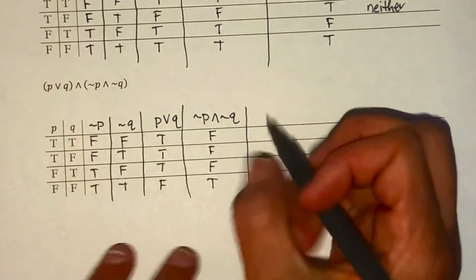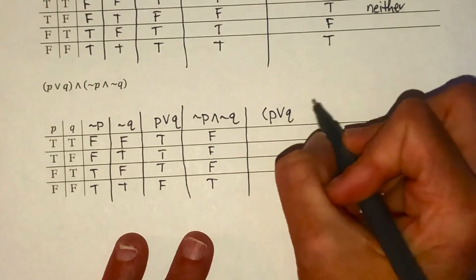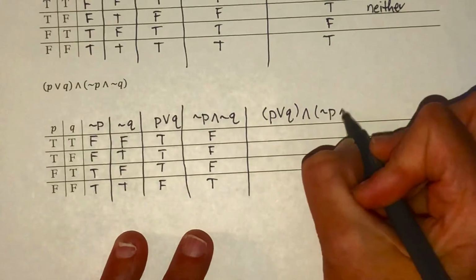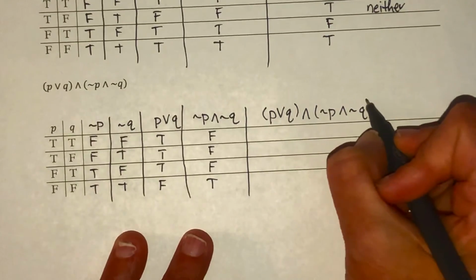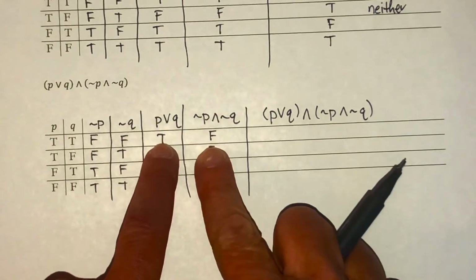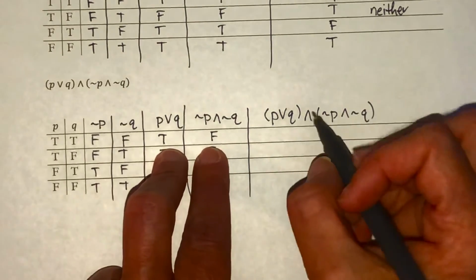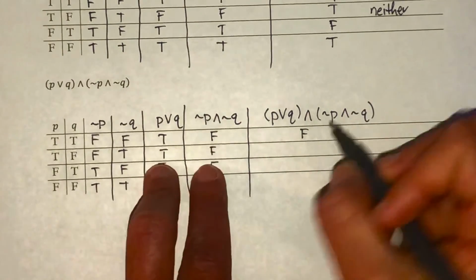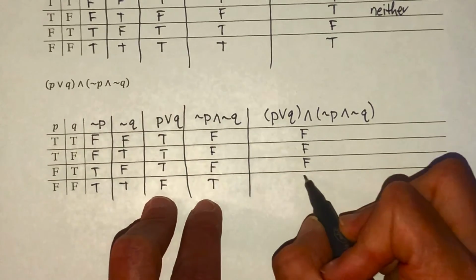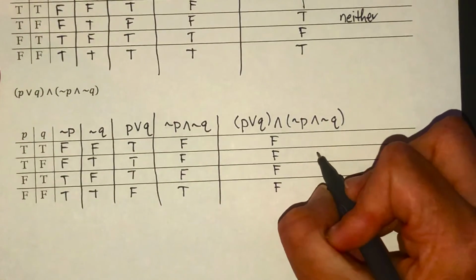Now we're finally ready to do this piece, which we're going to AND these two columns, and if they're both true, our answer is true. So nope, this one's false, false, and false. All of these are false. That means this one is a self-contradiction.